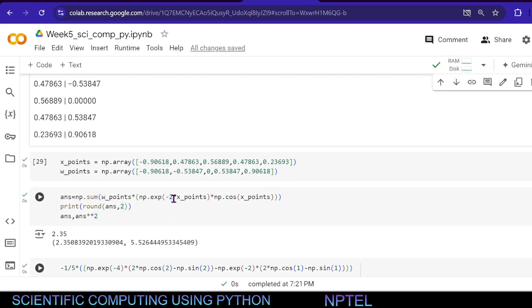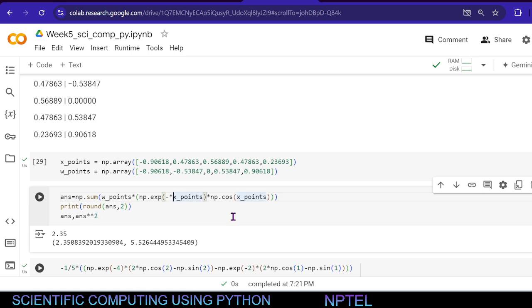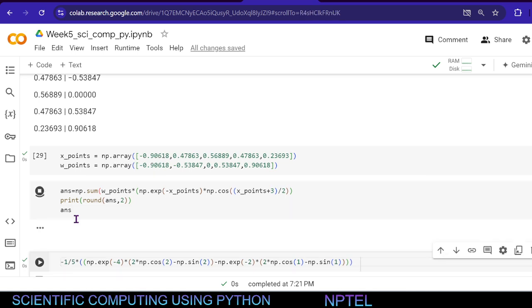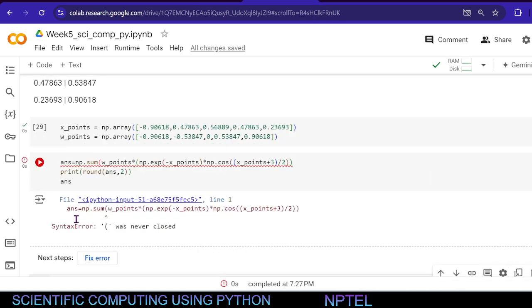So our function will be exponential of minus x points and cosine of (x points plus 3) divided by 2. Let me run this. Some syntax error.